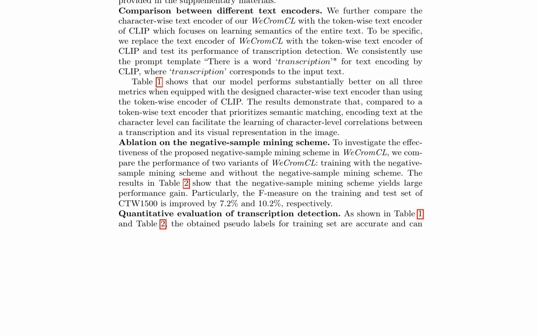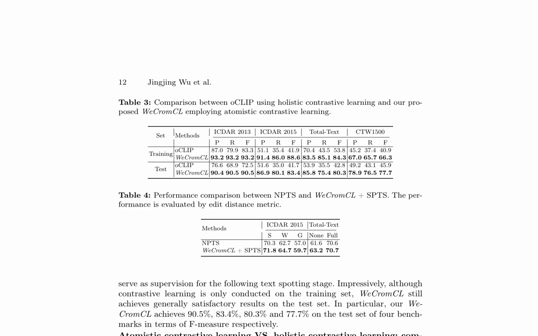capabilities of WeCromCL. The novel atomistic contrastive learning approach, WeCromCL, is compared with the holistic contrastive learning method, OCLIP, in the context of weakly supervised text detection. Table 3 presents a comprehensive comparison between the two approaches, showcasing the superiority of WeCromCL. Specifically, WeCromCL achieves higher precision, recall, and F-measure scores across various benchmarks, including ICDAR 2013, ICDAR 2015, Total-Text, and CTW1500.